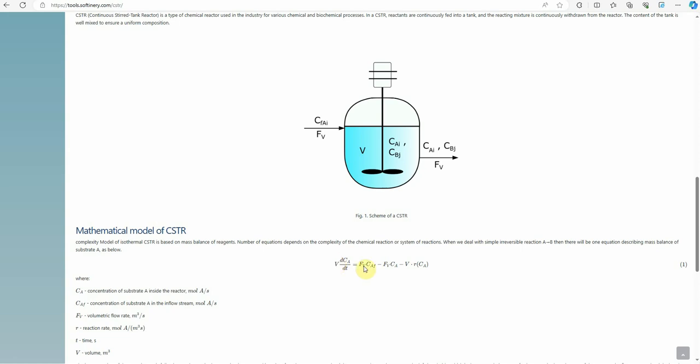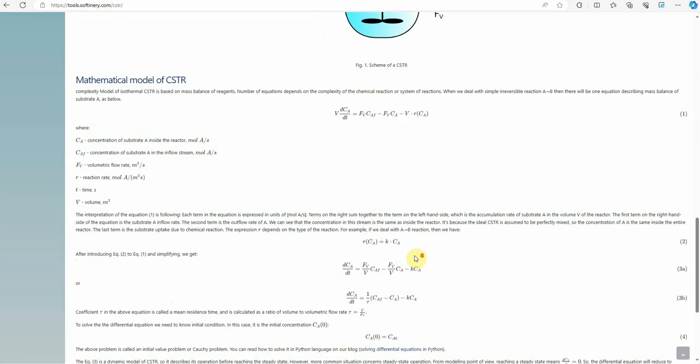The first term on the right-hand side of the equation is the inflow rate of substrate A. Fv is the volumetric flow rate and CAF is the concentration of A in the feeding stream. The second term is the outflow rate of substrate A, and the last term corresponds to the chemical reaction.